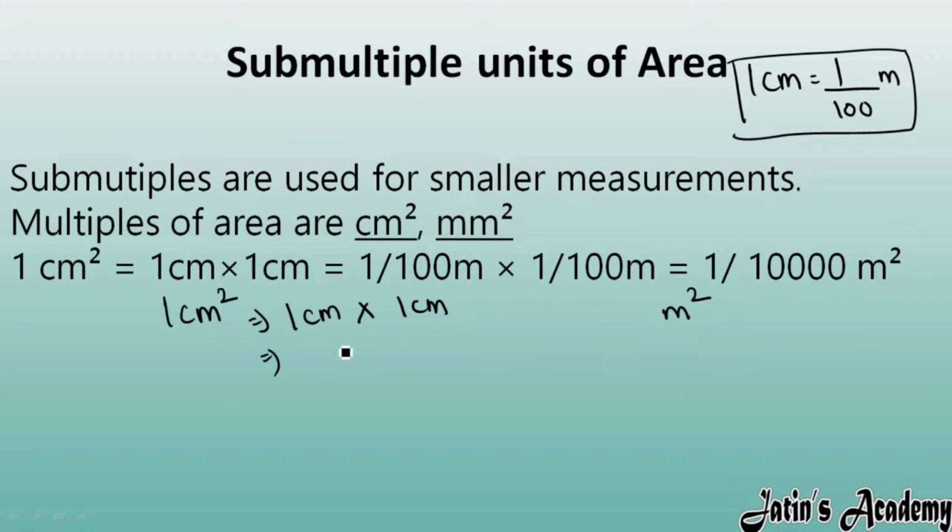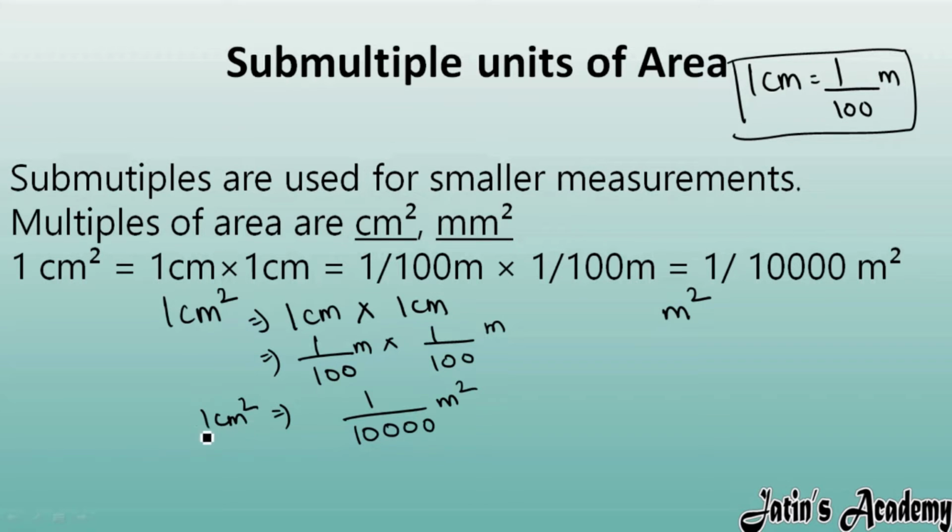So I put the value of centimeter in terms of meter: 1 over 100 meter multiplied by 1 over 100 meter. Solving this, 1 multiply 1 is 1, and 100 multiply 100 is 1 followed by 4 zeros, meter square. So 1 centimeter square is equal to 1 by 10,000 meter square.